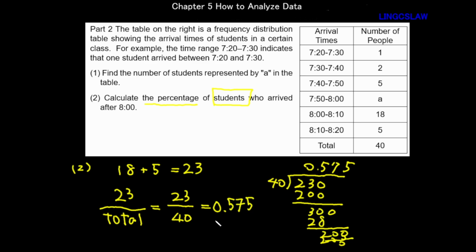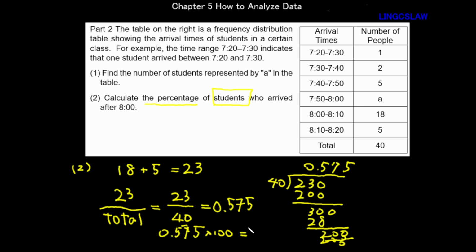This is a decimal. You have to convert this one to percentage. In order to do that, you multiply this number by 100. So 0.575 times 100.